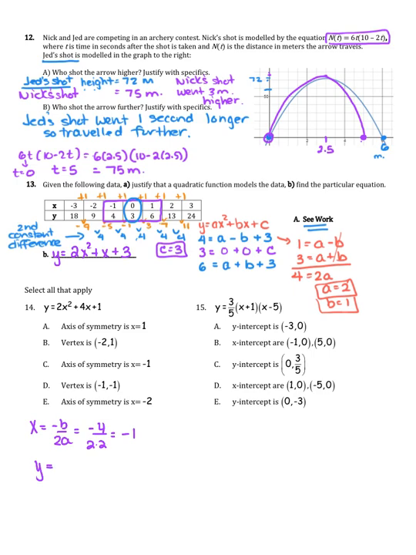So y is going to equal 2 times -1 squared, which is 1, plus 4 times -1, so -4. Be careful of those negatives, plus 1. So -2 plus 1 equals another -1. So my vertex is (-1, -1), and the axis of symmetry is x equals -1, and that's all we can do.